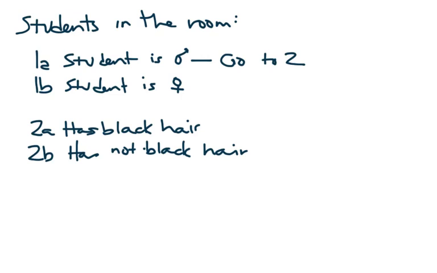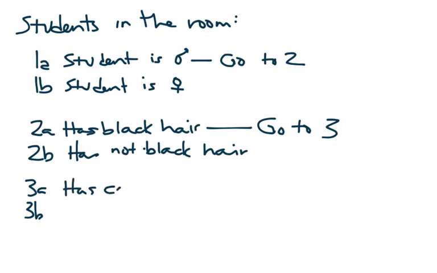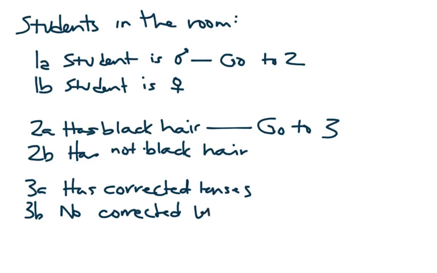And if they have black hair, then we could say go to 3. And then we go 3A, 3B. 3A, what are we going to use? Say, has glasses or corrective lenses, or no lenses, no corrective lenses. Okay?